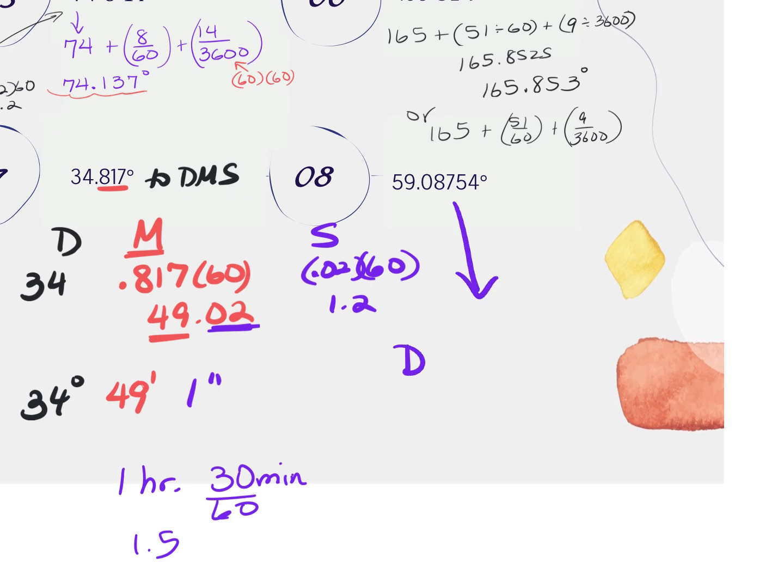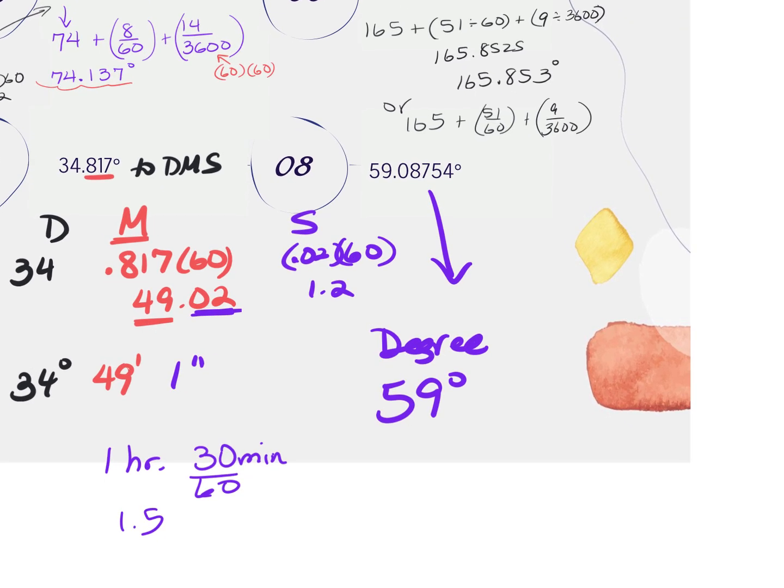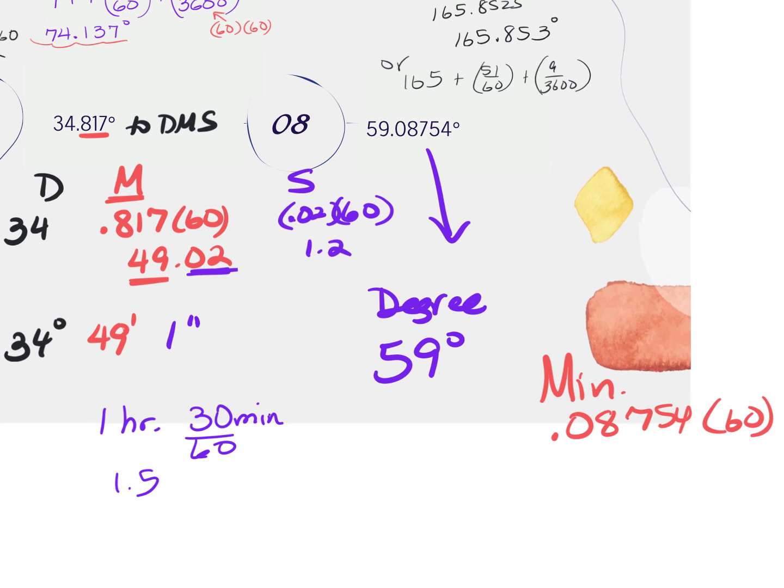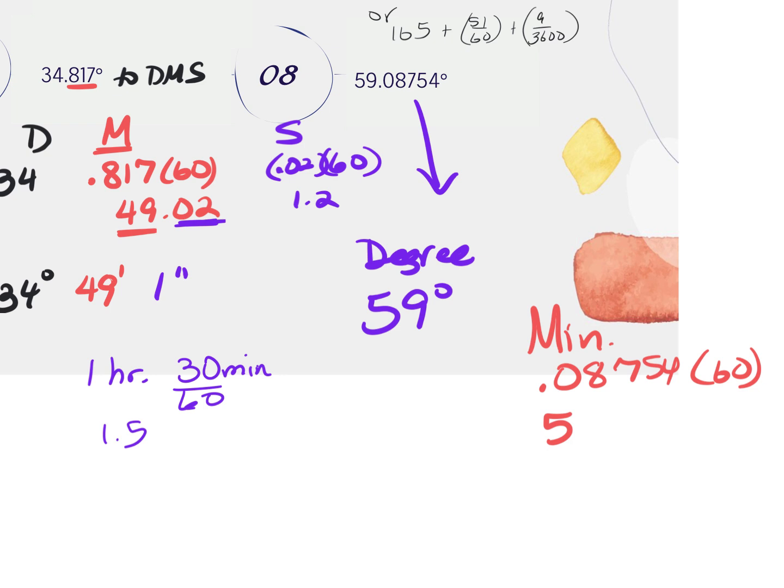So our degree is the 59. Then I have to take the decimal for my minutes. I'm going to take the 0.8754, times that by 60, and then I get 5.2524. The 5 becomes my minute.